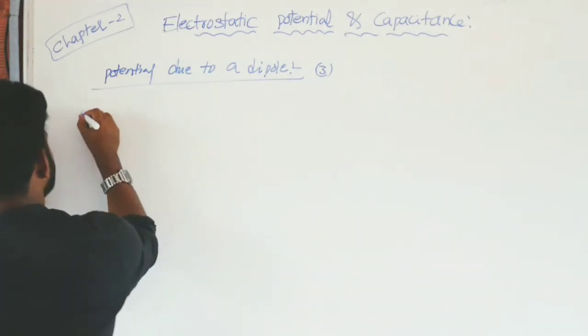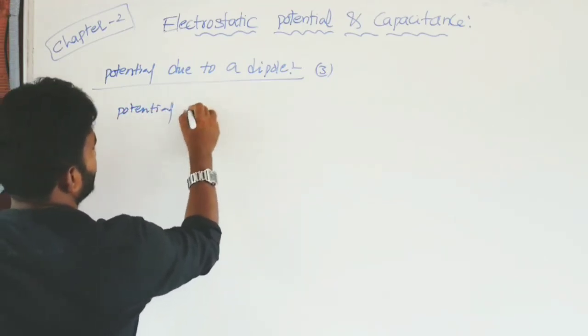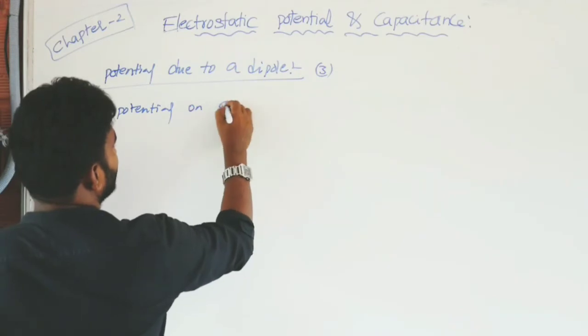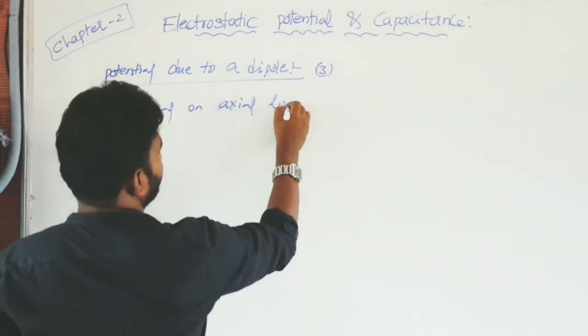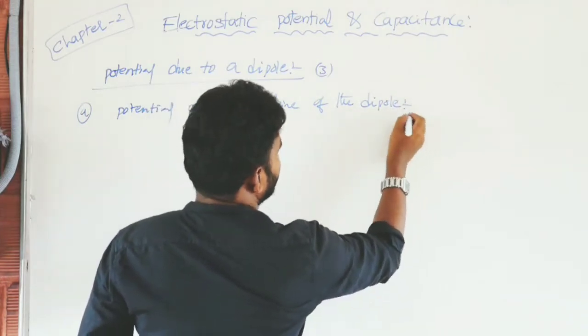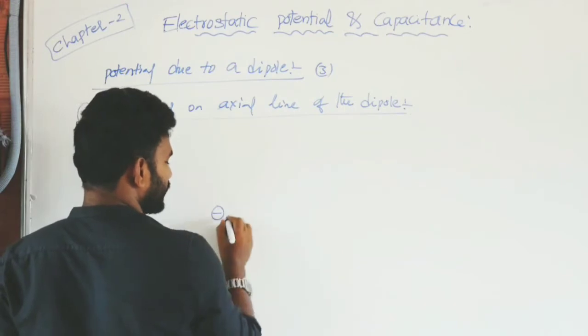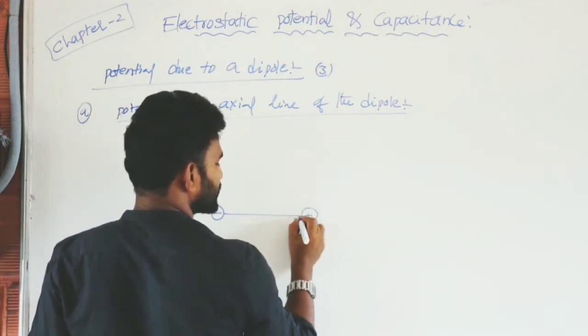In this, the first case A is potential on the axial line of the dipole. This is the first part we need to discuss. So let me consider there is a dipole, positive charge and negative charge.